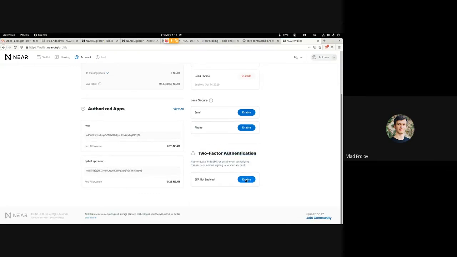You can enable it, and then it will provide you with the service to provide 2FA through SMS or email. So essentially, the wallet helper service will be your second factor. I see. That's the type of the multisig.